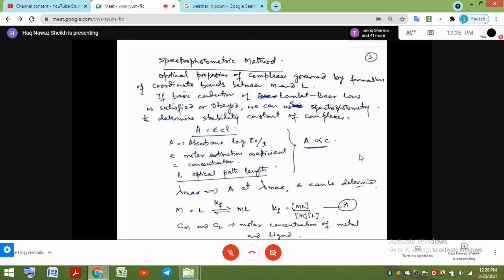For stability, I will say again, the pathway is that you should be able to determine three concentrations in the equilibrium situation: the concentration of the complex, the concentration of the free metal, and the concentration of the free ligand which has not been complexed. If you know these three concentrations, you put them in the equation, you can find out the equilibrium constant.